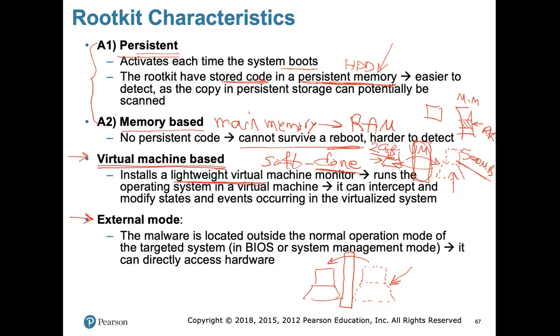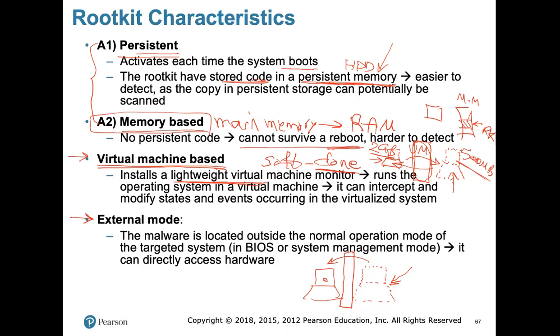And of course, if a rootkit is a virtual machine-based rootkit, it needs to be implemented in the memory, because in order to transfer whatever a user has from the physical environment to the virtual environment, you're going to need at least one reboot.